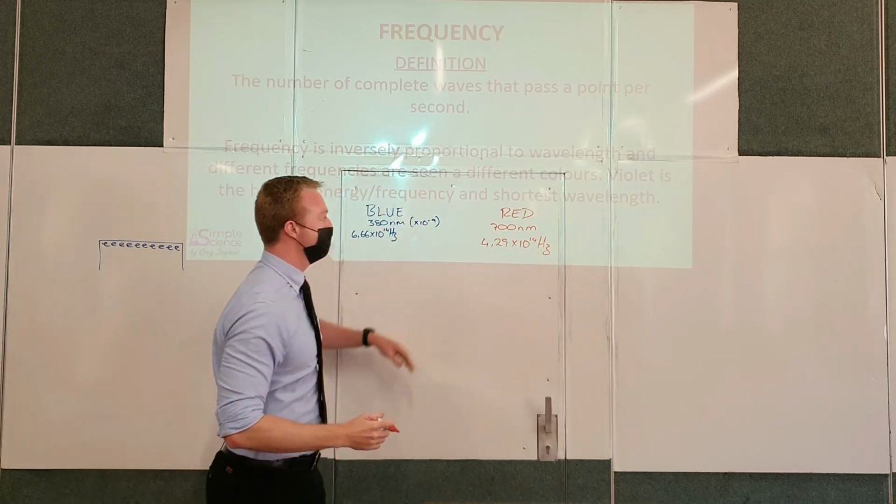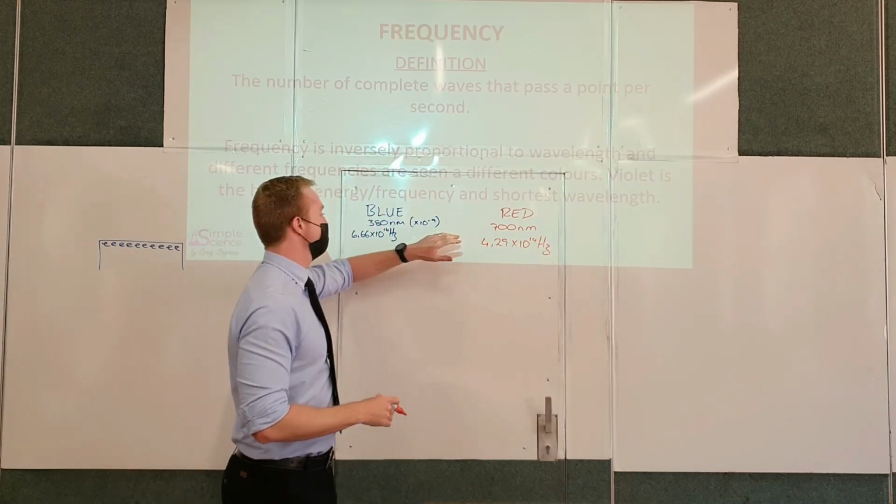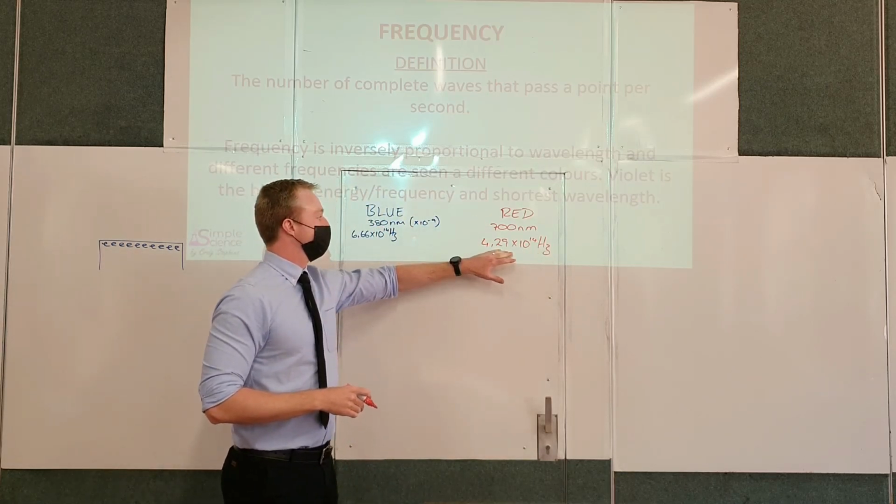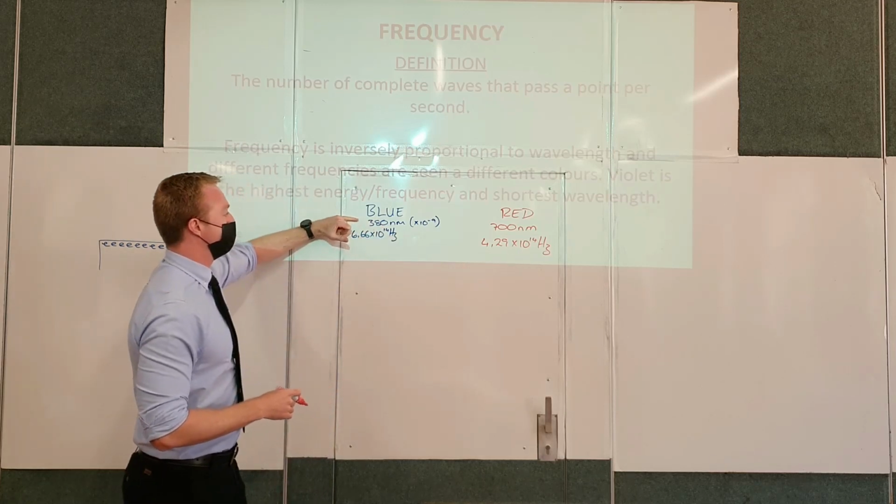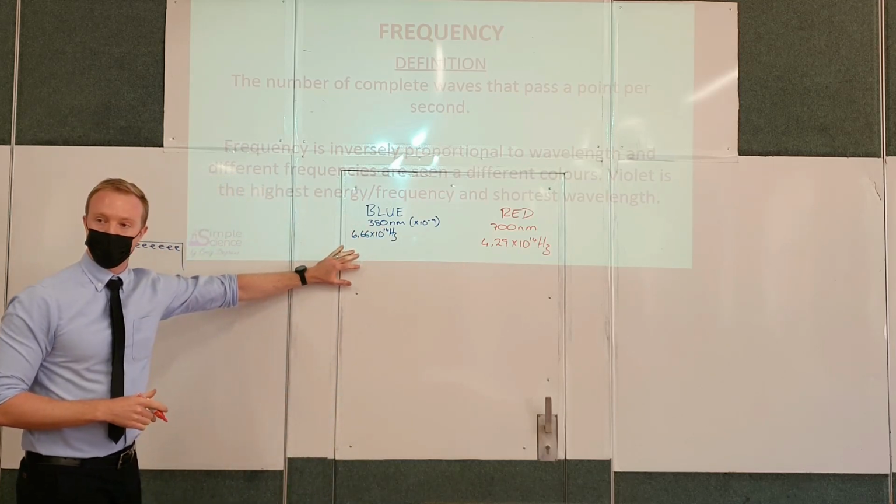So as you can see, red light has the longest wavelength and the lowest frequency, and blue light has the shortest wavelength and the highest frequency.